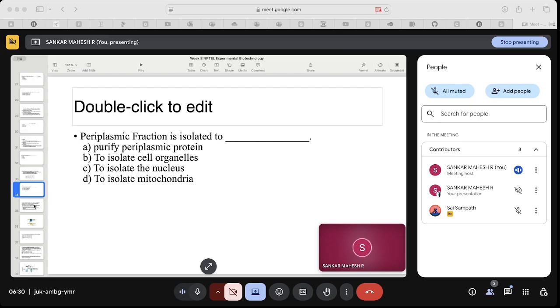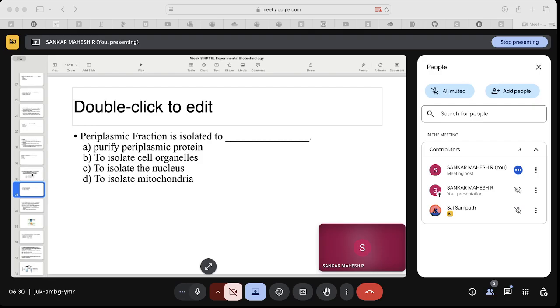Right. Will it be helpful for isolating cell organelles or nucleus or mitochondria? No ideas.